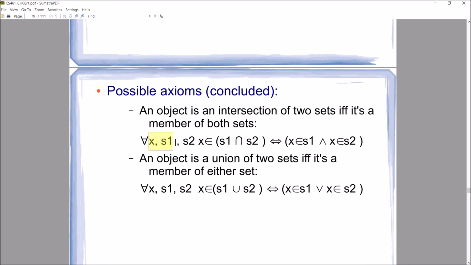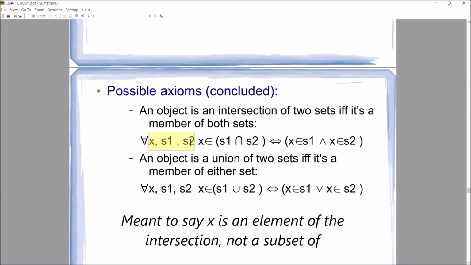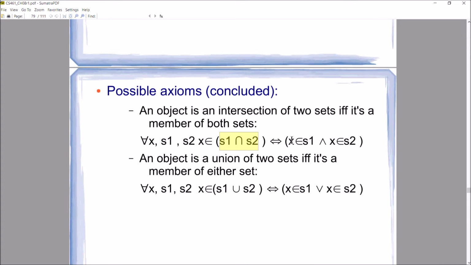For three objects here. Let's see, what do we got? For any three objects x, s1, s2, x is a subset of the intersection of s1 and s2 if and only if x is both an element of the s1 object and an element of the s2 object.